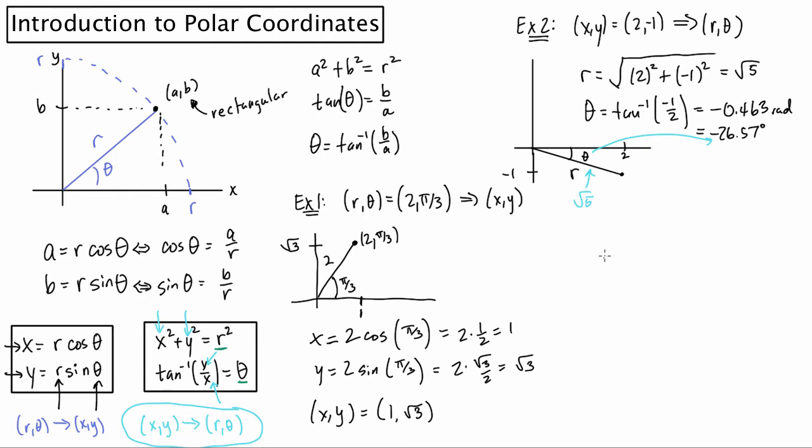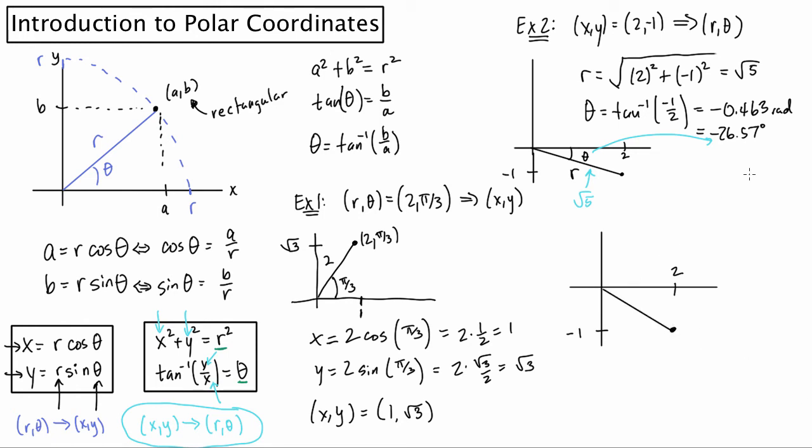What if I wanted to interpret it differently by looking at the following? So here I've got the point at 2, -1, and rather than draw the point by rotating from here down to here, what if I went the other direction? What if I went all the way around to here?